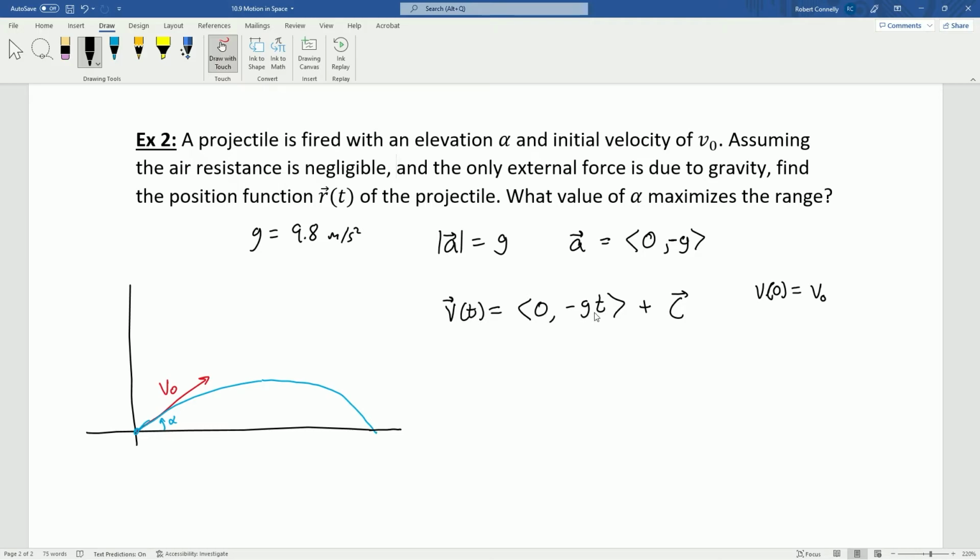And when I plug in 0 here, I just get 0 plus c. So v naught has to equal c. So the vector v naught. For now, I'm just going to leave that written in the general form, vector v naught.